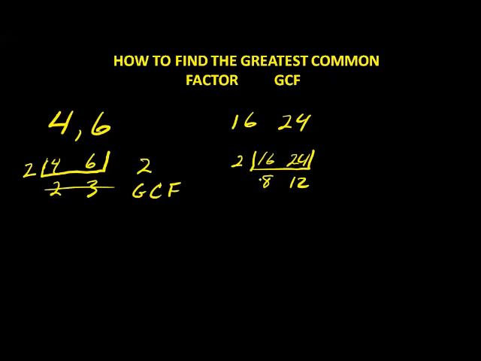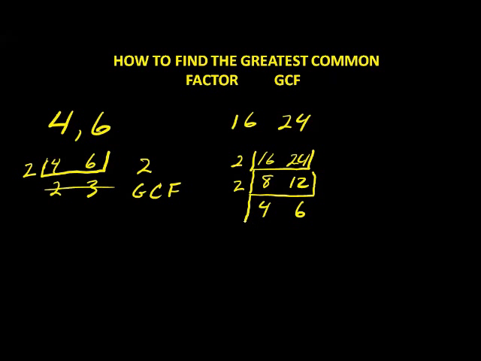Well, I can still divide this further by 2, so I'm going to put another rung on the ladder. So I'm going to divide that by 2, and 2 goes into 8 4 times. And 2 goes into 12 6 times. And I know again I can divide 2 into 4 and into 6.